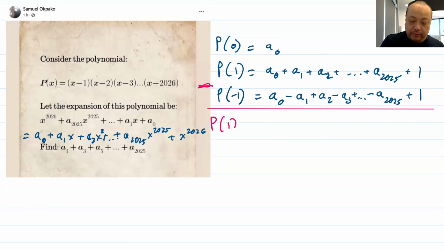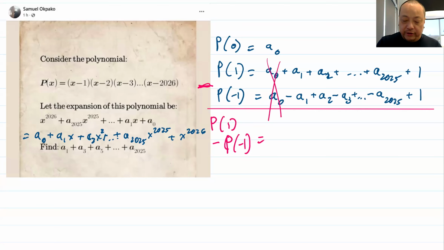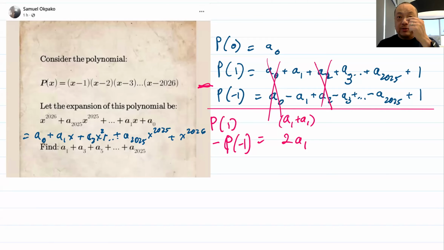So on the left, I have p of 1 minus p of negative 1. And on the right, all the even terms will cancel. The odd terms, a1 minus negative a1 equals a1 plus a1. So it's 2 times a1. The a2s are subtracted off. And the a3 here, a3 minus a negative a3 is a3 plus a3. So I have 2 times a3.